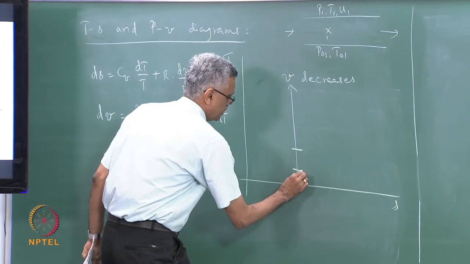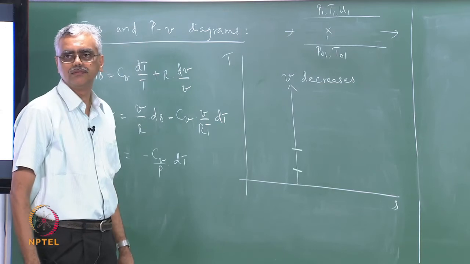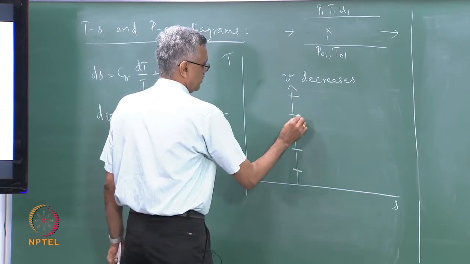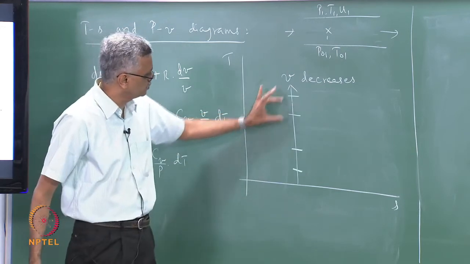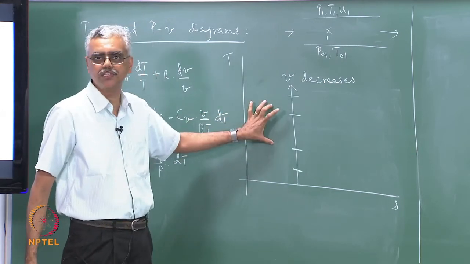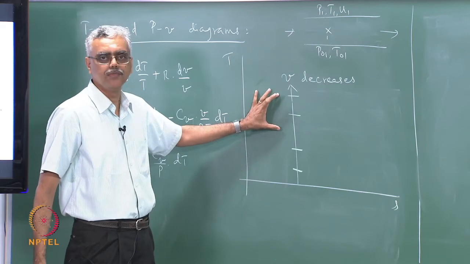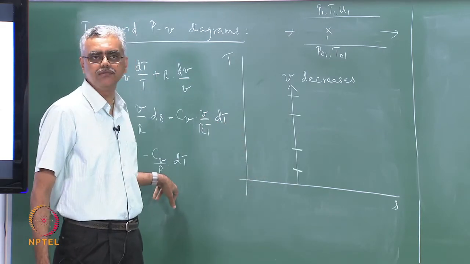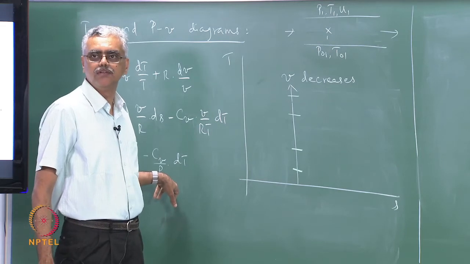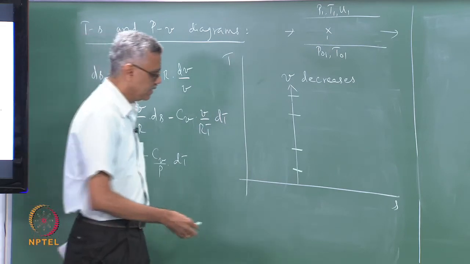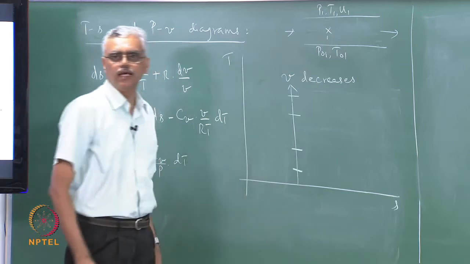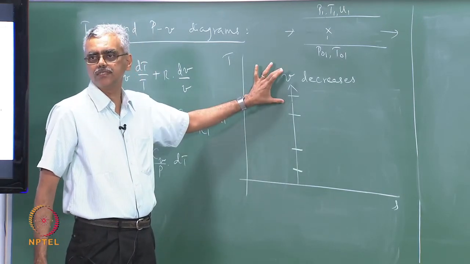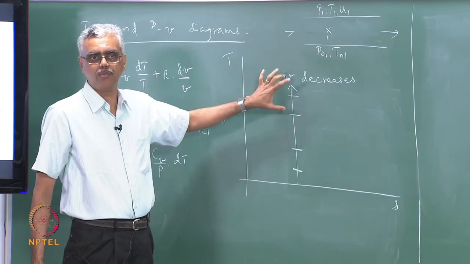This is a change in temperature at a low value of pressure, and the same change in temperature at a higher value of pressure. So we have used the same dT in both these cases. For this value of dT at a low value of pressure, the change in specific volume is very high, which tells me that V equal to constant lines are bunched close together here, whereas V equal to constant lines are spaced farther apart here.